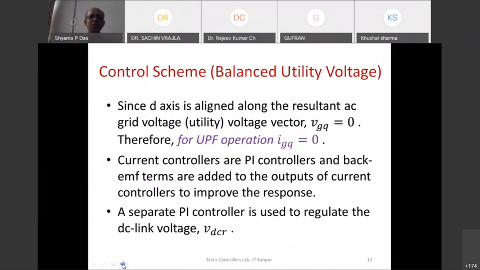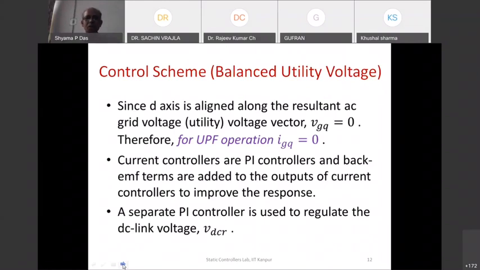And since the current should be in phase with the voltage, the current is entirely along the d-axis, and so for UPF operation, for unity power factor operation, IGQ equal to 0. So the current is entirely along the voltage, and the voltage exists only along the d-axis. This is basically a special choice of the reference frame.